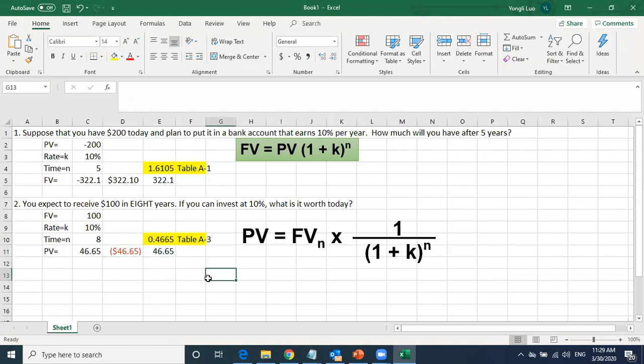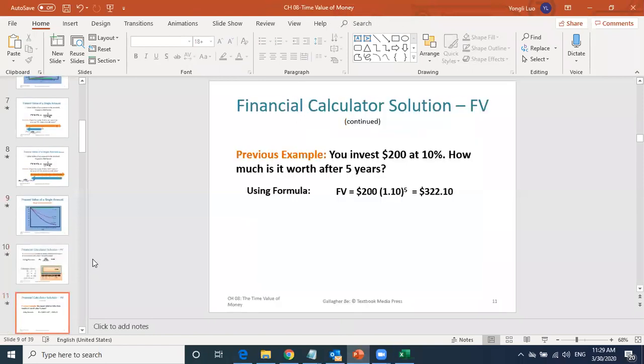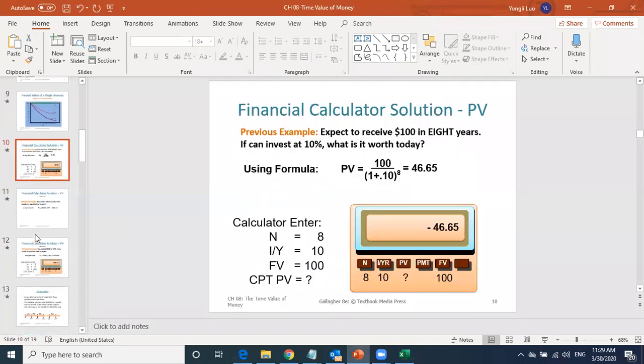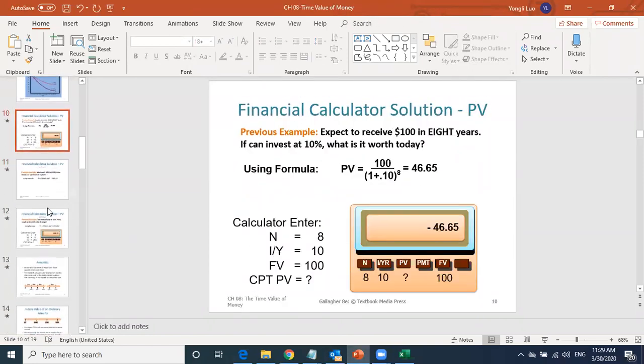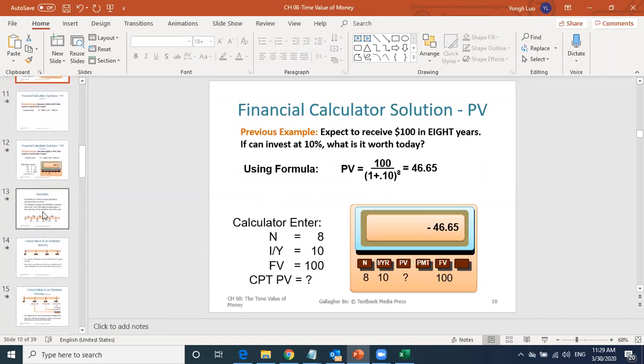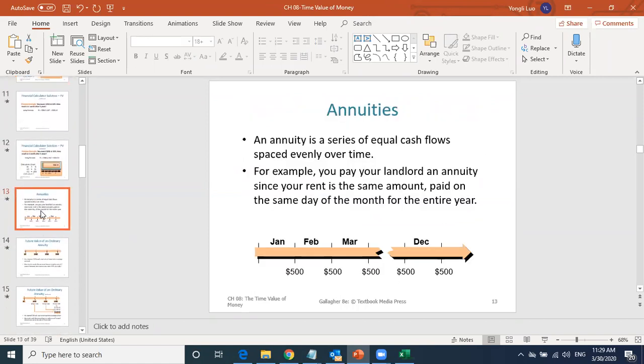Any questions? Okay, so we skip the financial calculator. For students who have a financial calculator, send me an email, and I will give you some materials and guidance on how to use it.